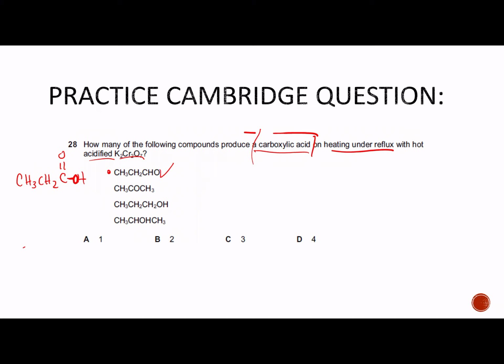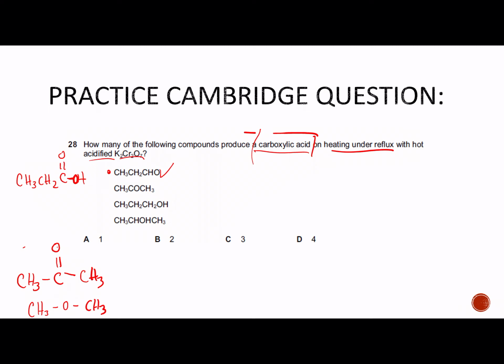The second one, CH3. What is that? CH3C. Is that an ether or is that a ketone? Well, in order to fulfill the octet rule, it has to be a ketone. Because if it was an ester, it would be this. So notice the key difference.